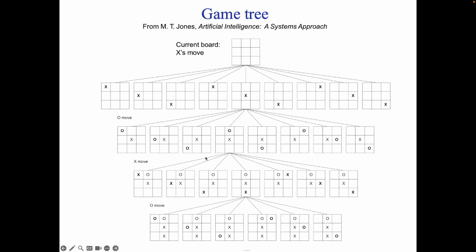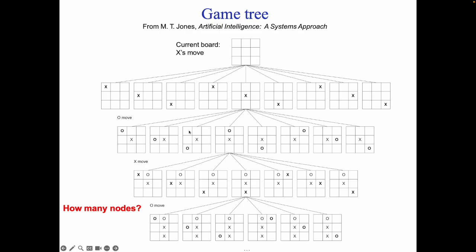So can you tell me the total number of moves here? That is how many nodes we can have. So we have 9, and then 8, right? And then 7, and then 6. 9 factorial, right? So that's 9 factorial, the number of nodes that we can have.